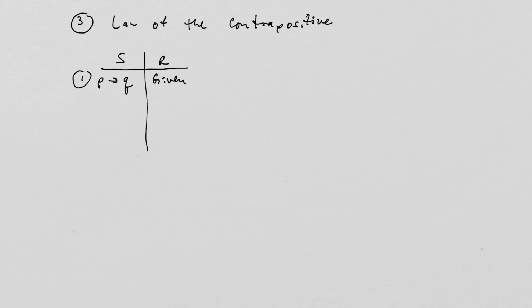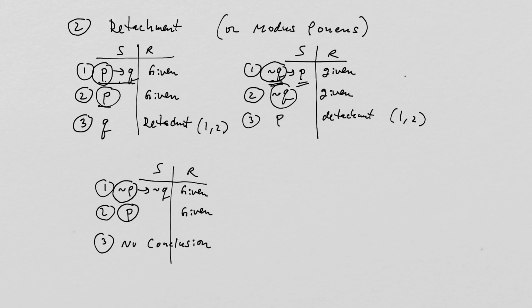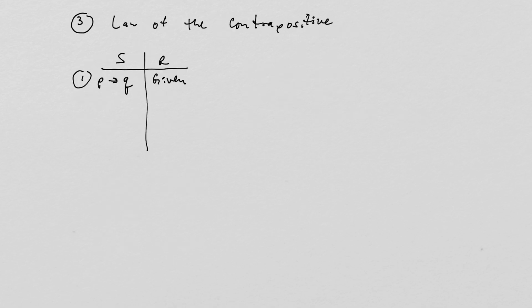Now the third law, there's only 4 for this video. The third law is called the law of the contrapositive, and the way it works very quickly is that, for the law of contrapositive, you're given a conditional, and you're allowed to just write the contrapositive is also true.